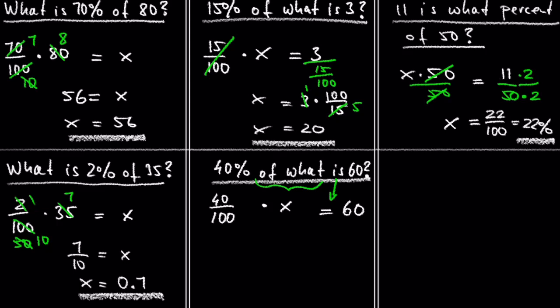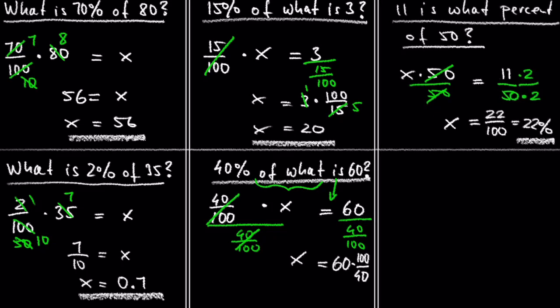Dividing by 40 over 100 on both sides leads us to x equals 60 over 40 divided by 100, which is equivalent to 60 times 100 over 40.